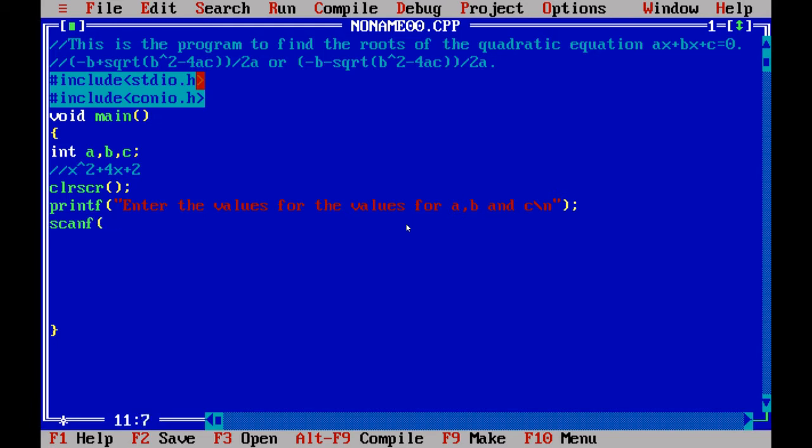Again scanf, then scanf percentage d, percentage d, percentage d, a comma b comma c.